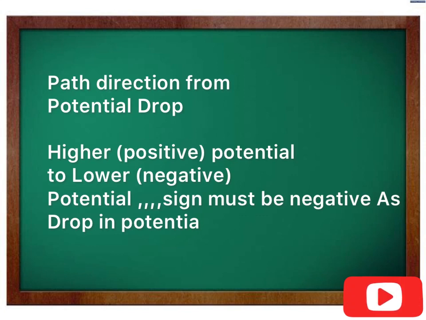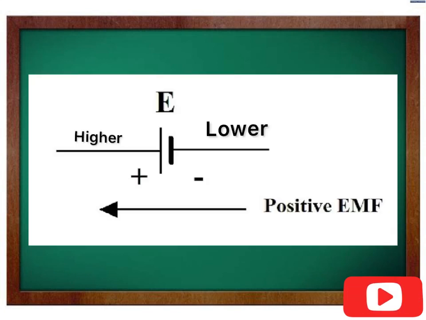Similarly, there can be a different way to give the sign also. If someone chooses the path opposite to clockwise, that means if someone is choosing clockwise, someone else will choose anti-clockwise. There is no compulsion on anyone on how to choose the path, clockwise or anti-clockwise. Suppose potential is going from lower to higher, that means from the negative to the positive terminal.